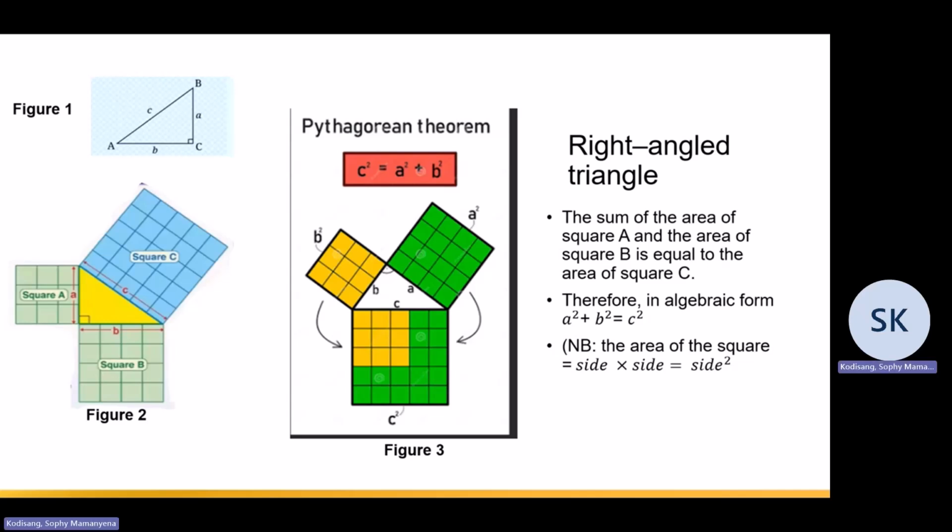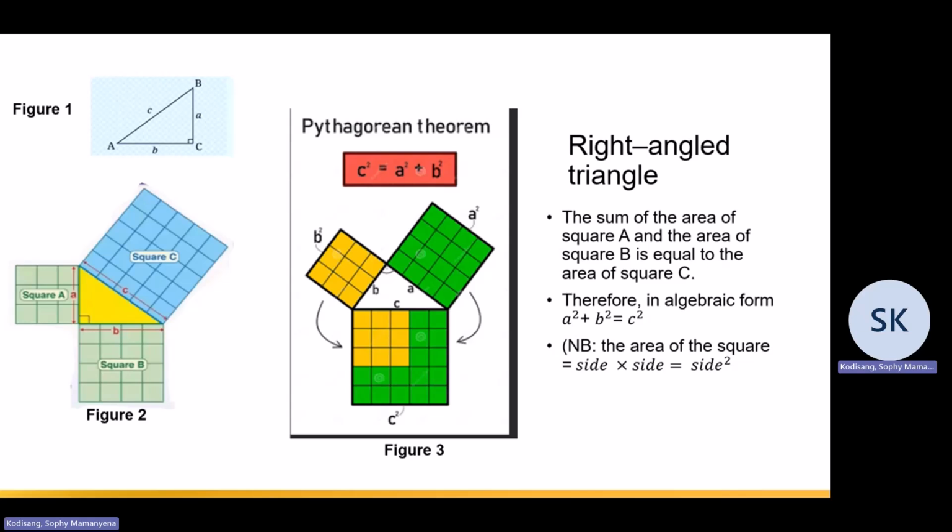When you add the small squares from square A and square B, their sum will always amount to the number of squares that are in square C.